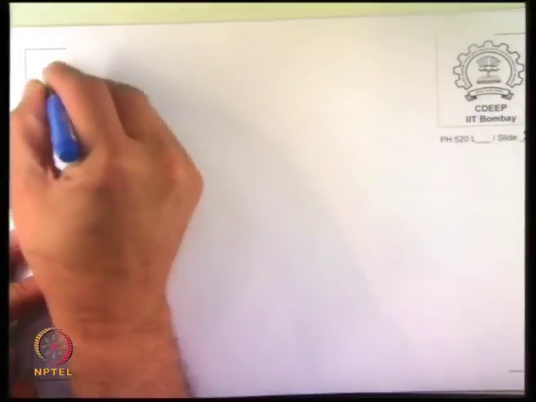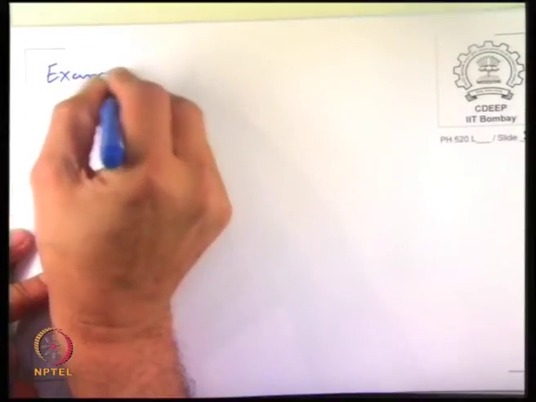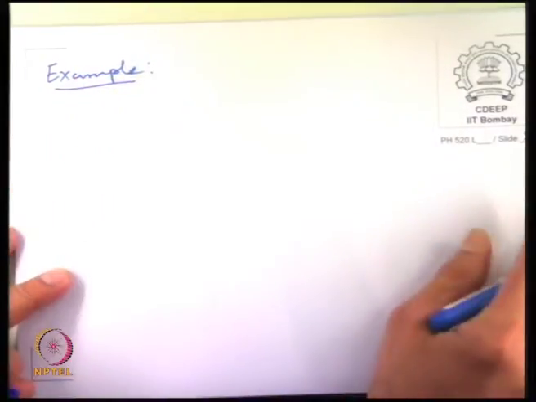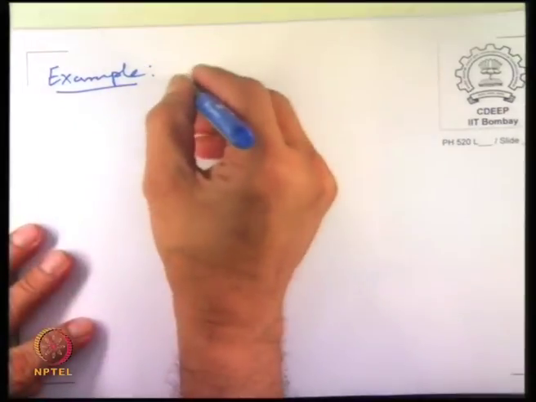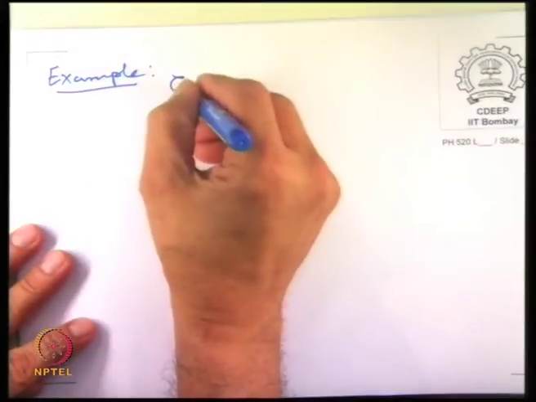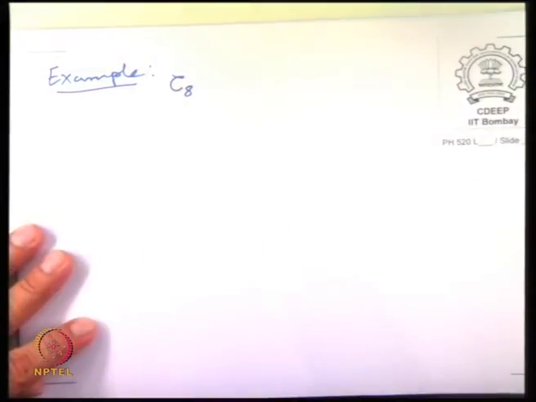We can try to see an example of this coset space. In fact, the simplest example we have, we will automatically get a normal subgroup. So, let us see an example just to understand what is going on. Suppose we have C8, okay. This is 8-fold rotations by 2 pi by 8.